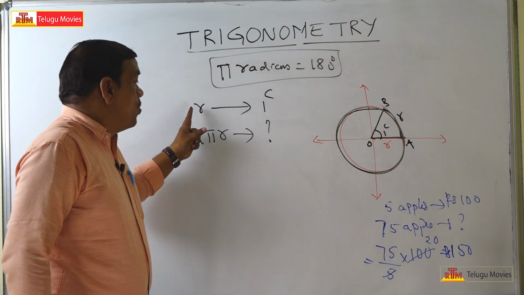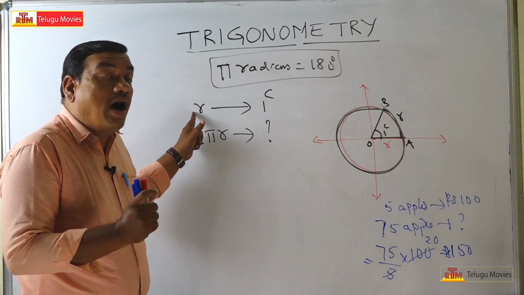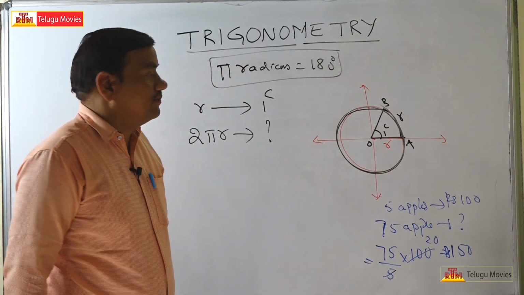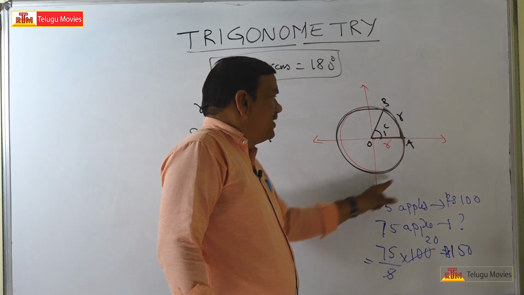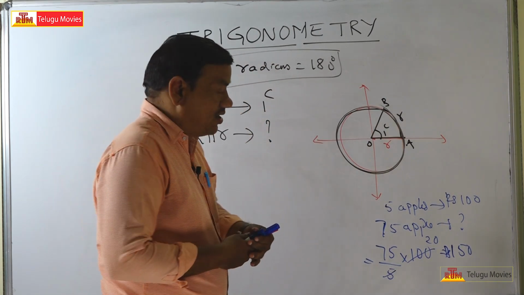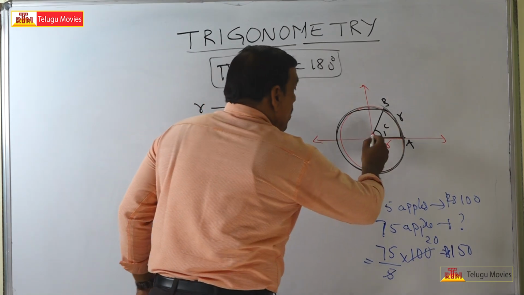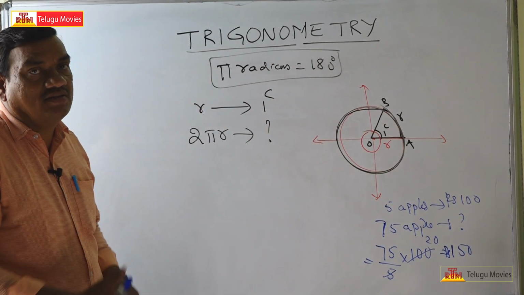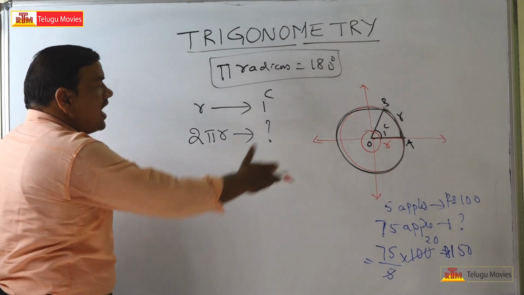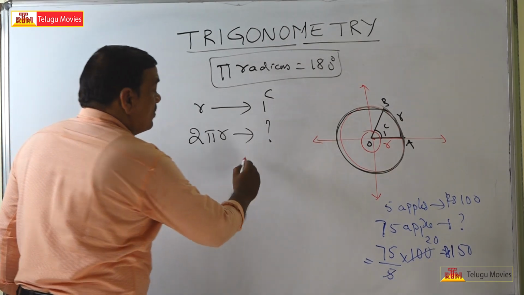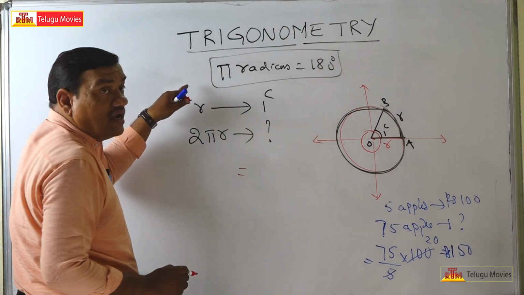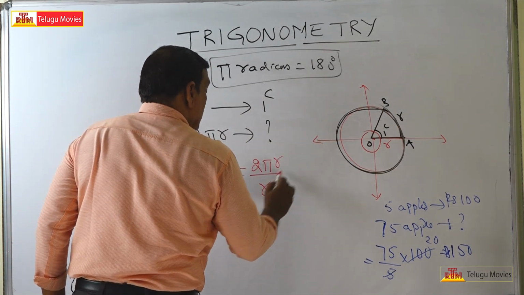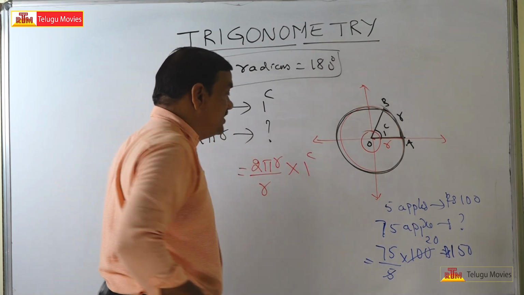1 r length arc making 1 radian at the center. The complete arc I am taking, it is making how much angle in terms of radians? So according to that, 2 pi r by r into 1 radian. Here what are the units?